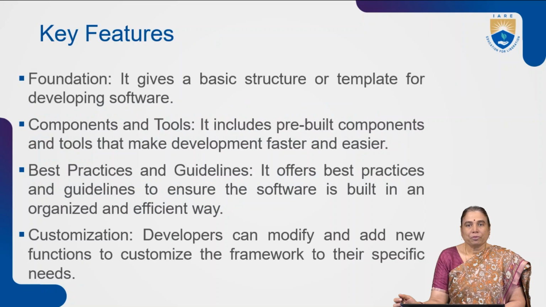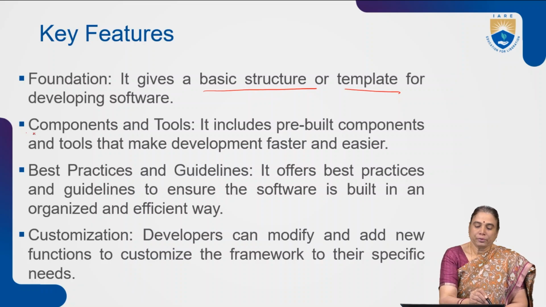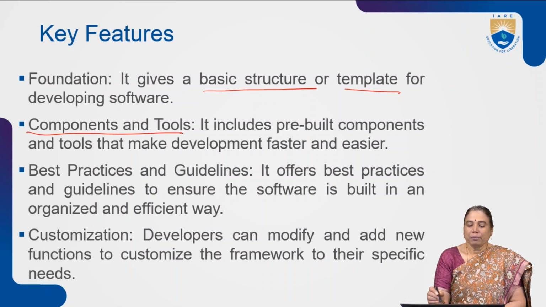The key features of a process framework: first, the foundation. It gives a basic structure or template for developing the software. Second, components and tools. It includes pre-built components and tools that make development faster and easier. Third, best practices and guidelines.